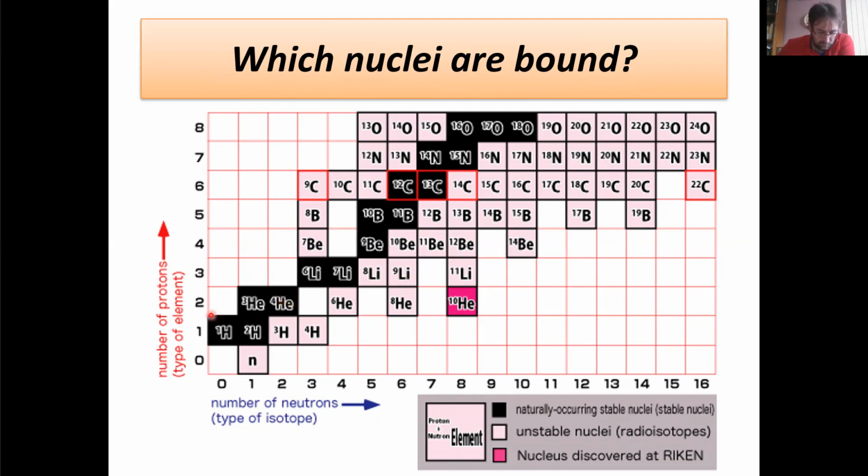So helium 4, 2, 2, which is stable. Everything that is black here is stable. This is when once created, it usually stays this way, except an alchemist that does some chemistry doesn't have a chance, but a nuclear physicist that has a particle accelerator has a chance to change them.